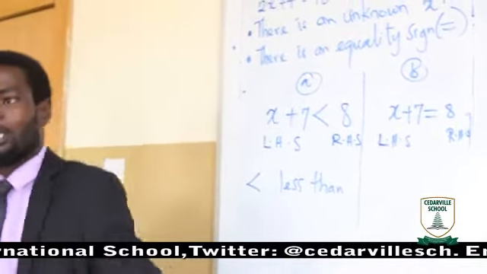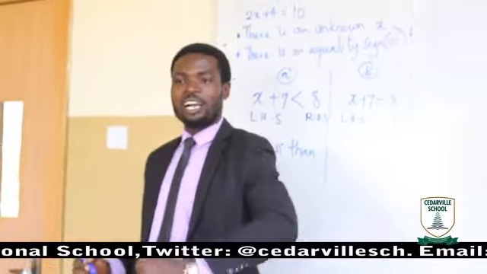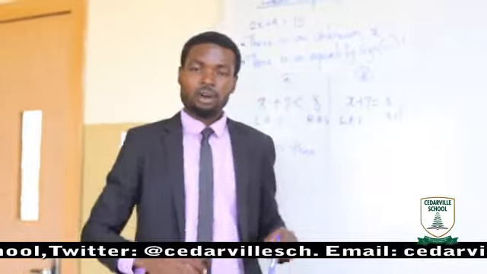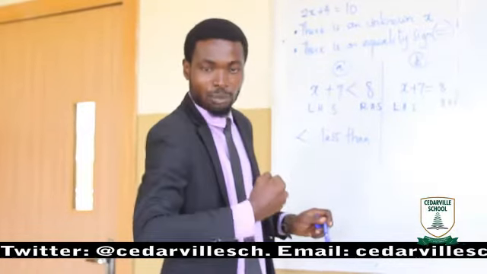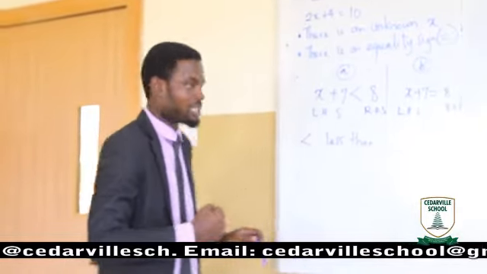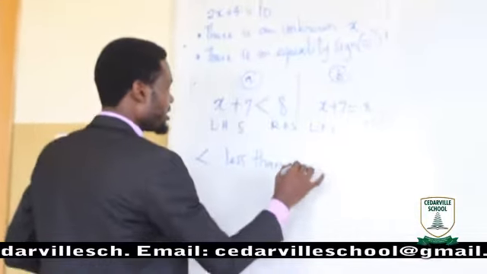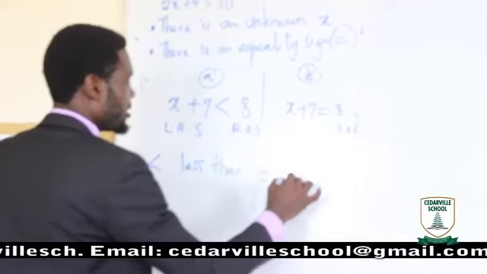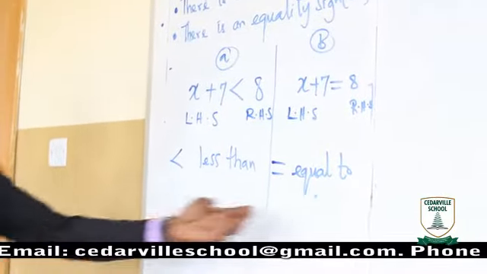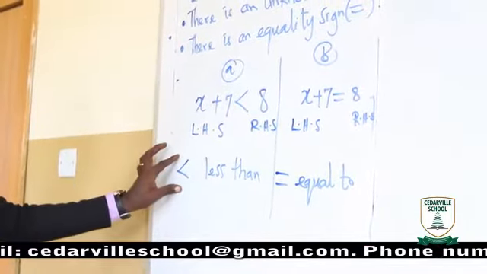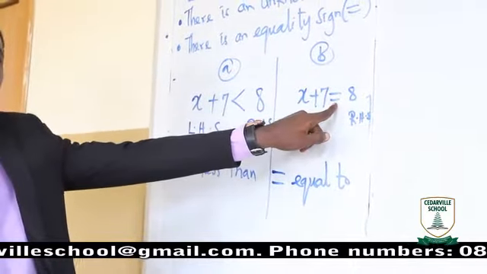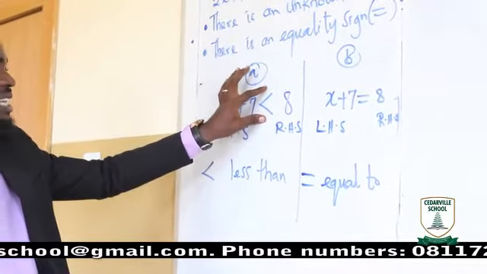You remember your left arm symbolizes the less than symbol, and your right hand symbolizes the greater than. I want to believe you understand that. Now, the symbol we have here is called equal to, and this is the less than symbol.